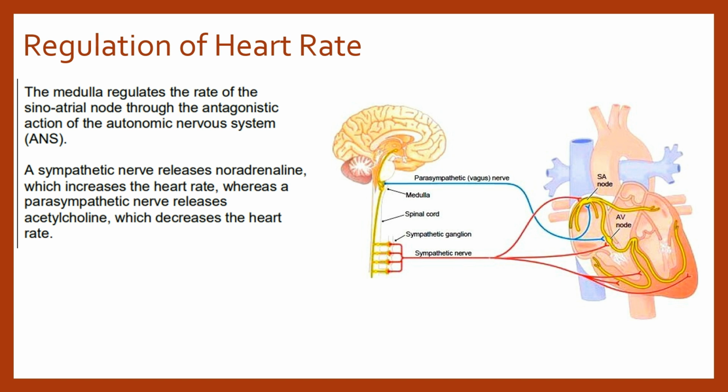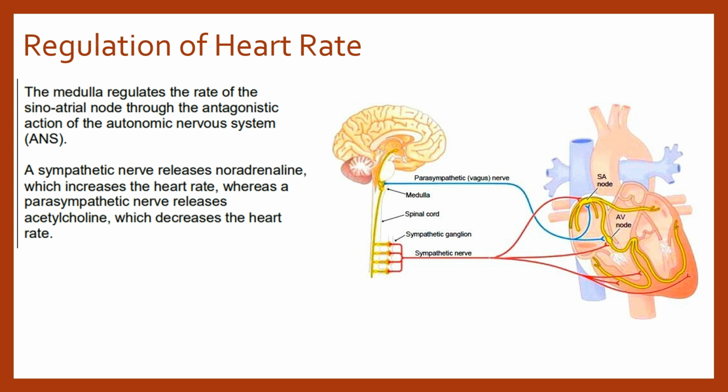If it wants to increase your heart rate, maybe during exercise, so think about fight or flight, sympathetic nerves will release the chemical noradrenaline, like an adrenaline rush, and this will tell the SA node to send out those electrical impulses with a higher frequency and thus increase your heart rate.